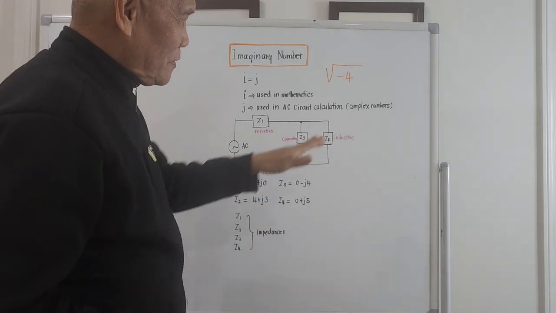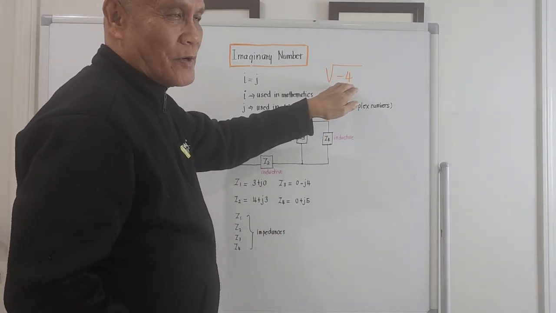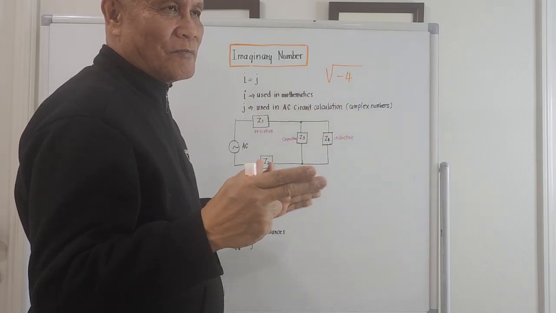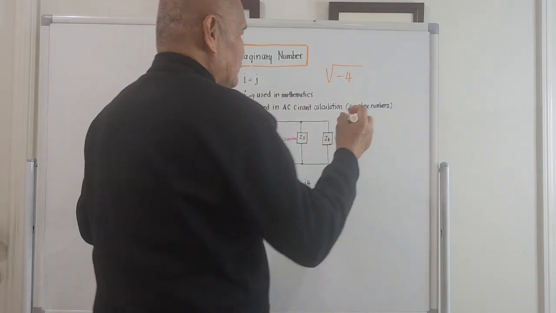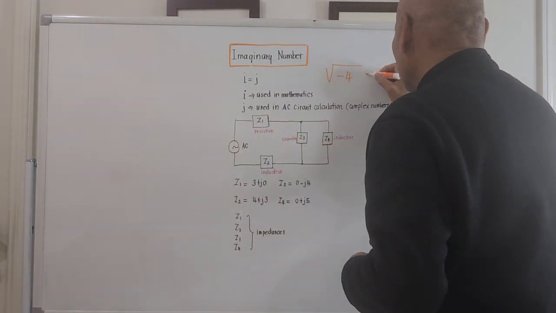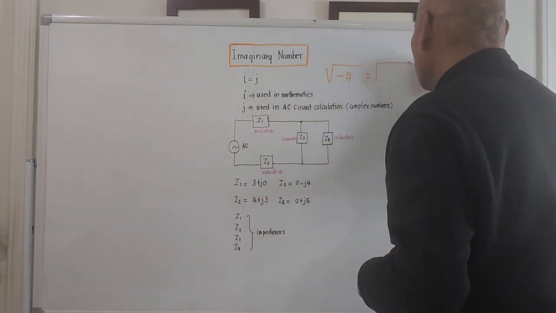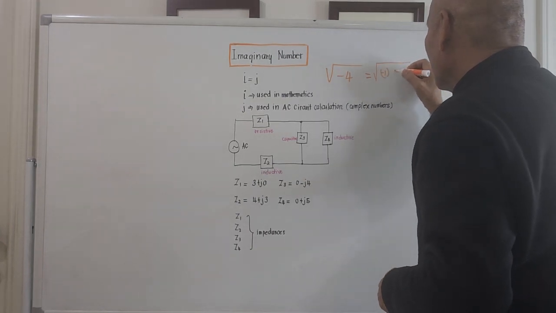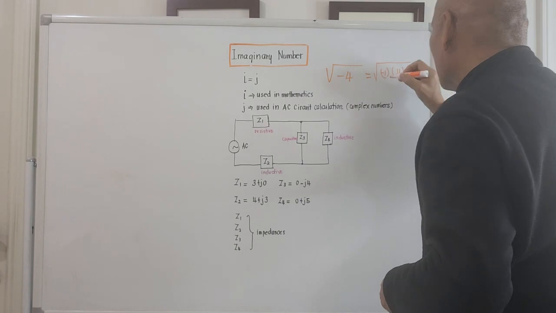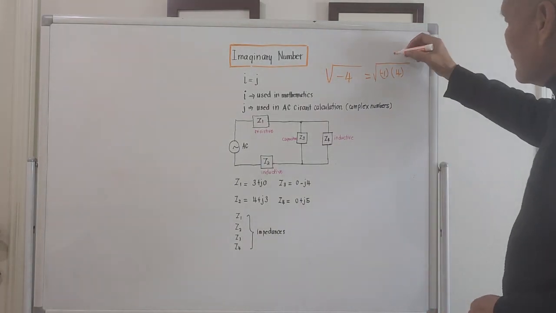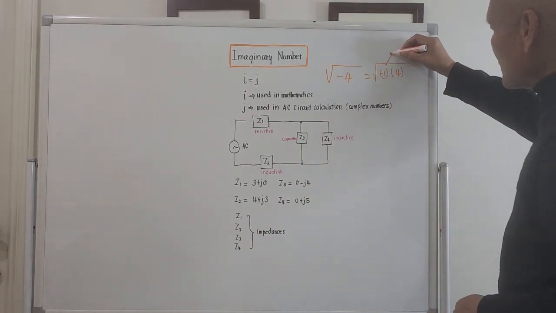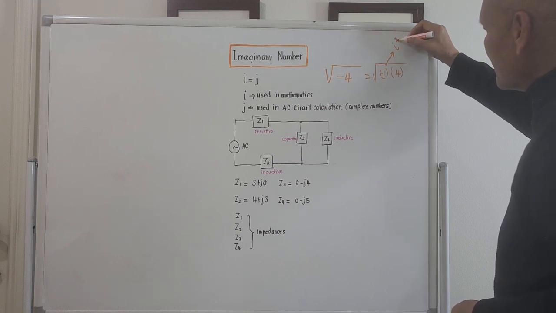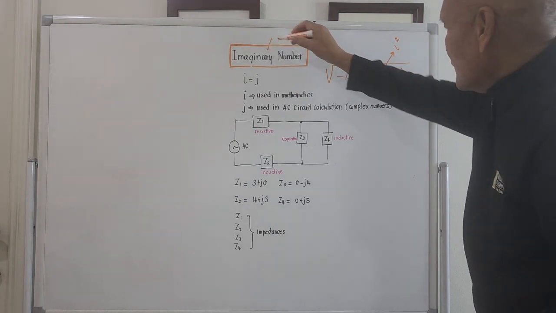Because we cannot take the square root of -4 if we do not introduce the value I square. -4 can be written as the square root of -1 times 4, and in mathematics, the -1 is designated I square, and that is imaginary.